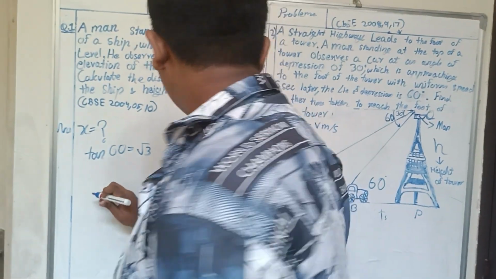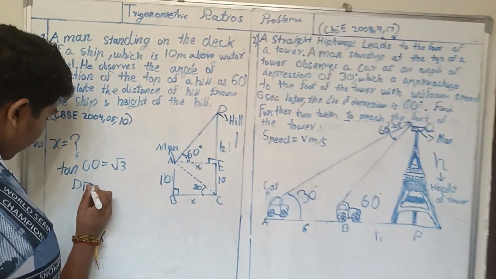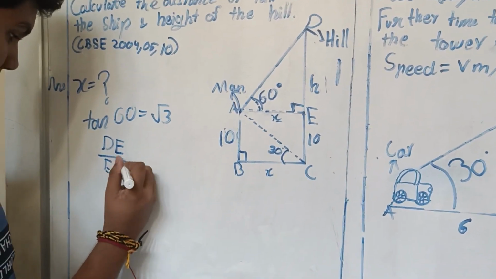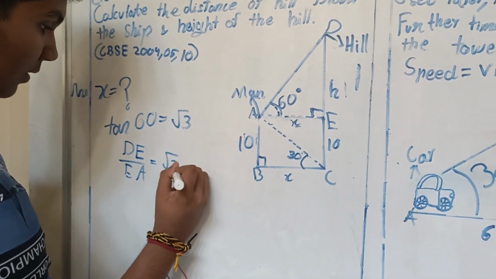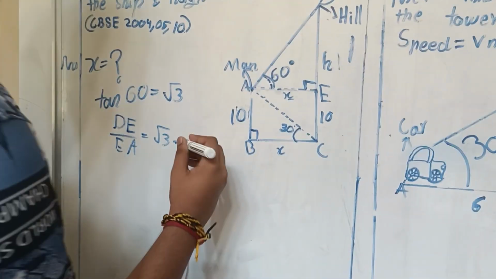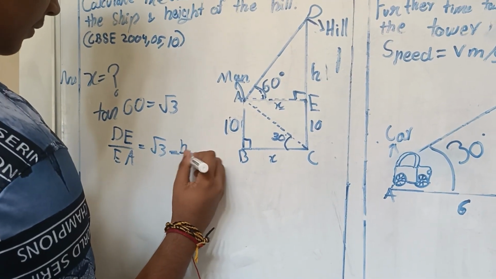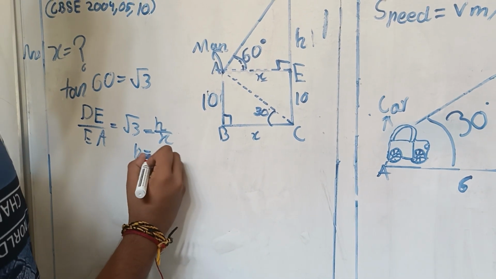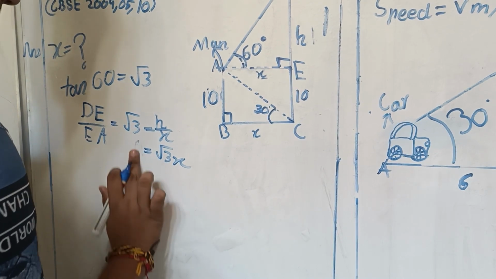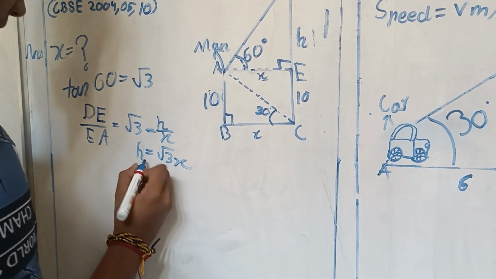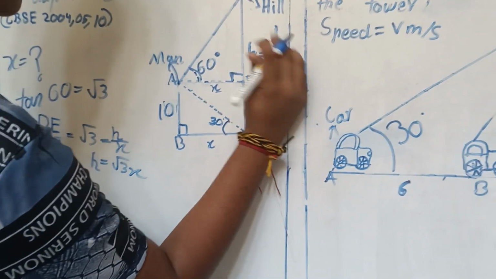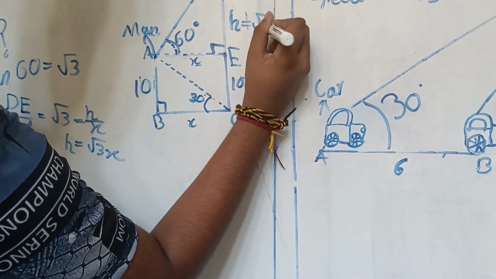So DE by AE, or EA, your choice, is equal to root 3. So root 3 is equal to h by x, and here we get h is equal to root 3x. Yes, this is the height we found.